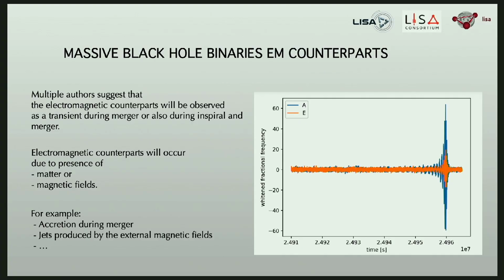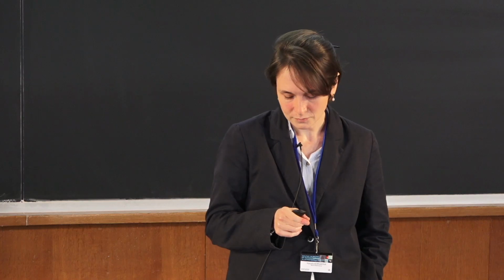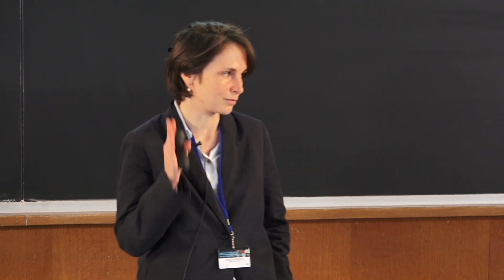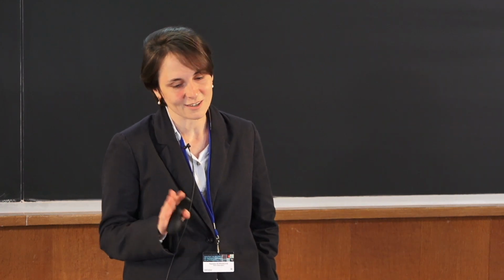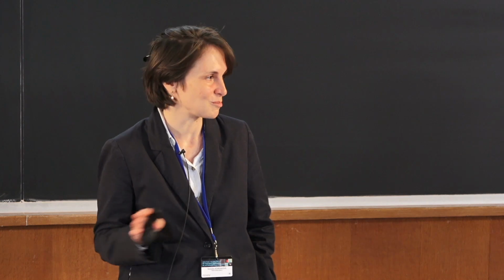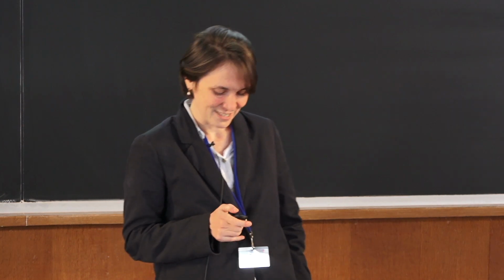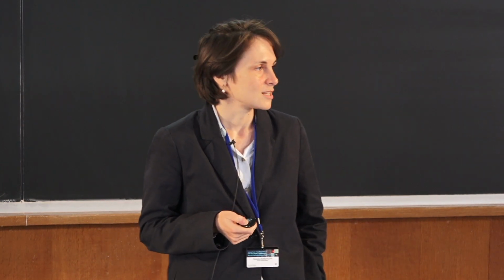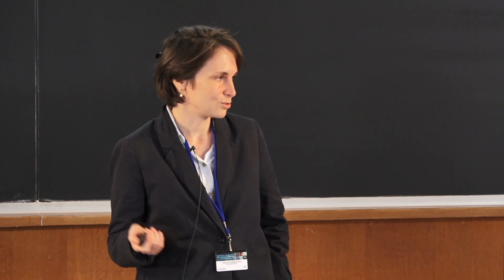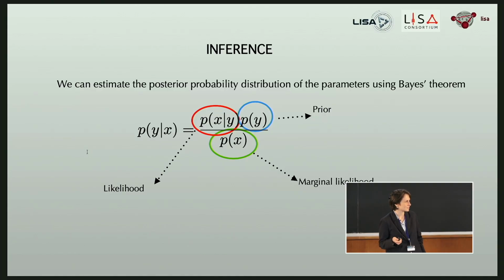Some studies say that we would see the counterpart during the merger, and some studies say that we might even see it during the inspiral phase. So it is very important to perform parameter estimation in minutes. Now I'm going to introduce the method that we use.